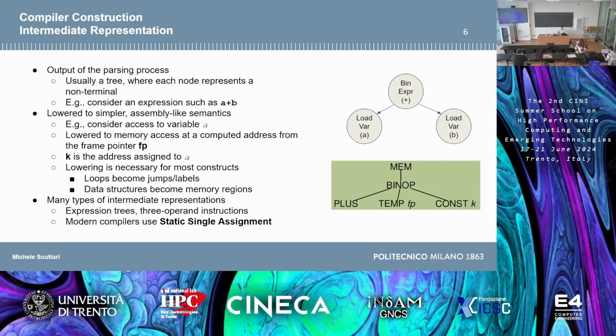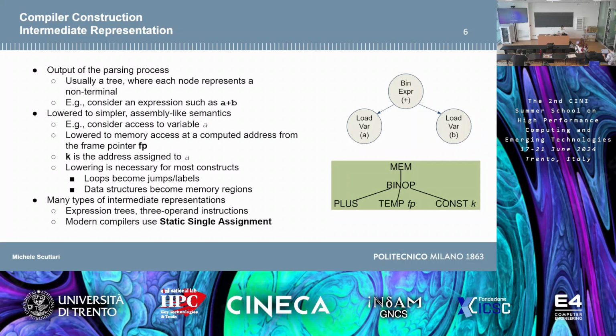We can see in the slide an example of such a tree, where a plus b is parsed into a very simple tree, where we have a node that loads variable a, a node that loads variable b, and a node that performs the sum. Okay, the sum per se would be a simple operation that can be translated directly to assembly.